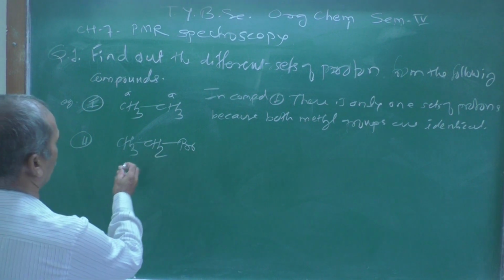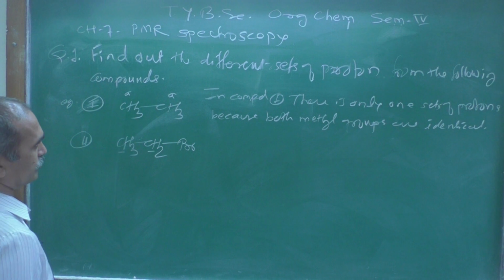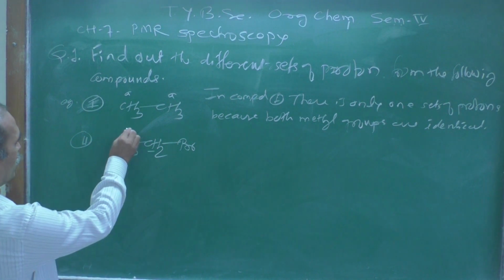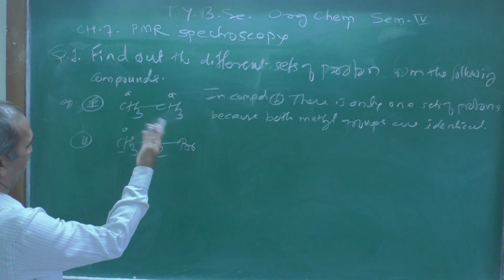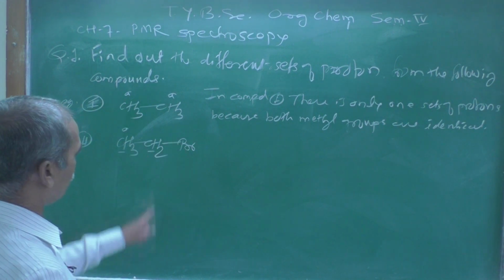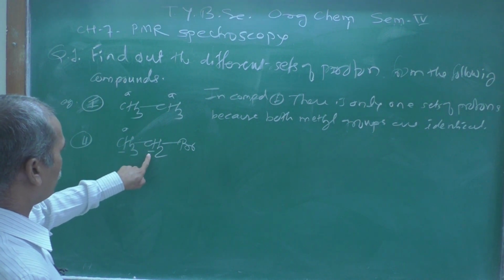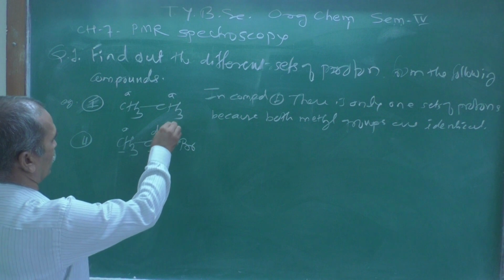Here you see this methyl group and this methylene group. So here you can call it A. These are definitely different. They do not have the same chemical environment. They have chemically different environments around them.